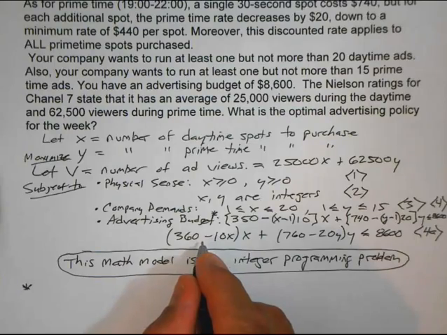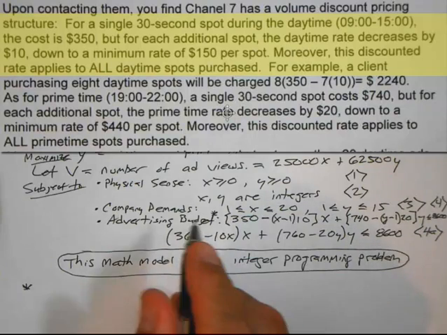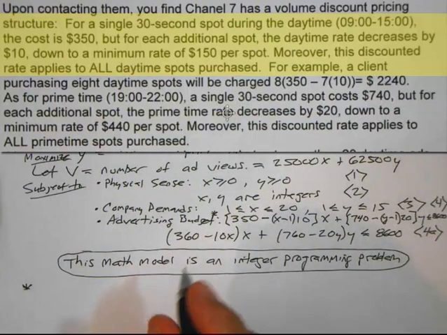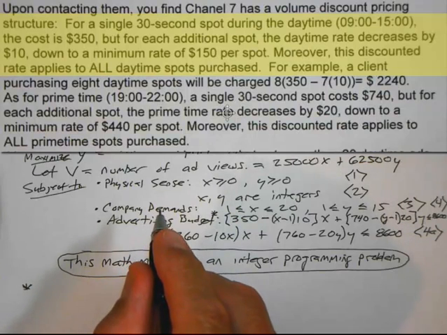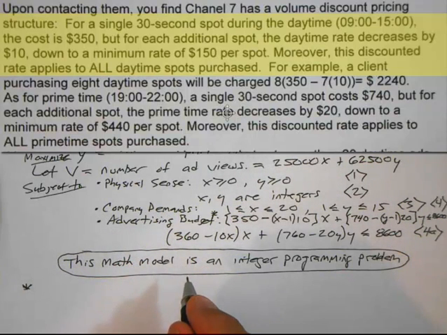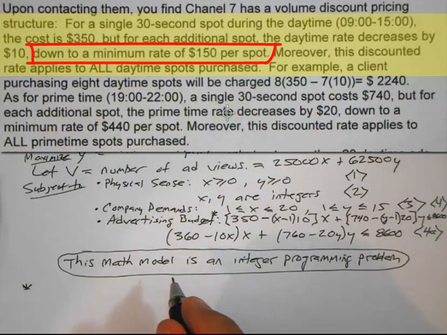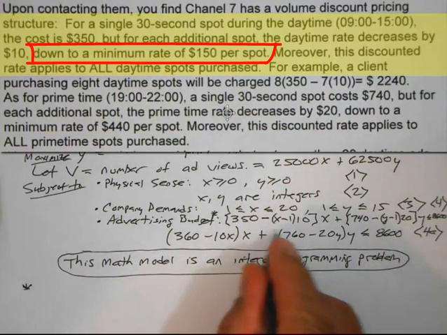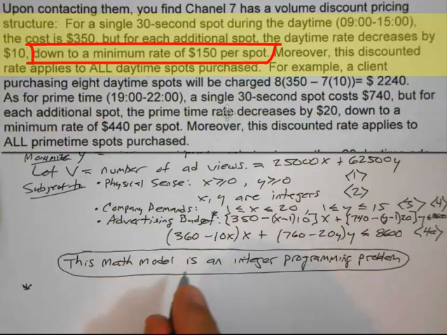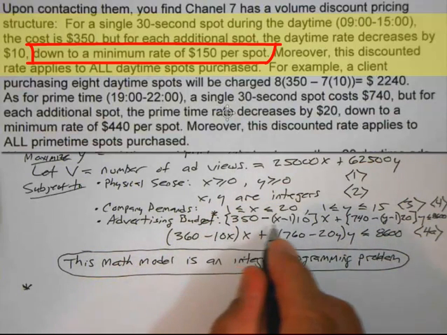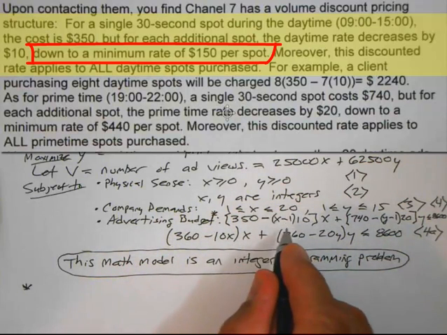Now, there's another question though, and that's: is this always the case? Because remember, when the cost of the daytime ads was stated, it said they're $350, but for each additional spot, the daytime rate decreases by $10 down to a minimum rate of $150 per spot. Now, have we overshot the minimum here in our problem? And then we'd have to have another formulation for certain x's if that's the case.